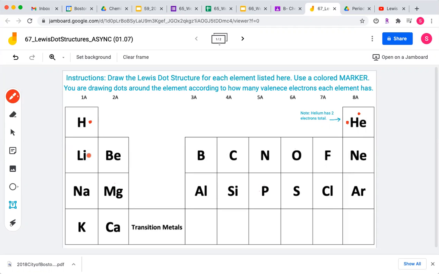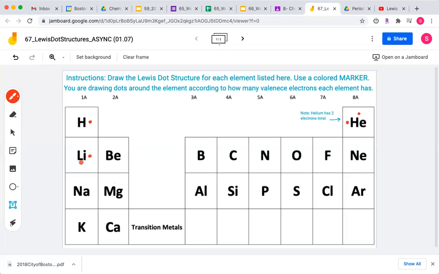They all have one valence electron. So it doesn't matter where the dot is, as long as it's in one of the four sides of the element. So I'm gonna show you guys examples here.